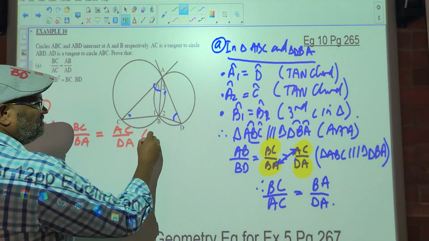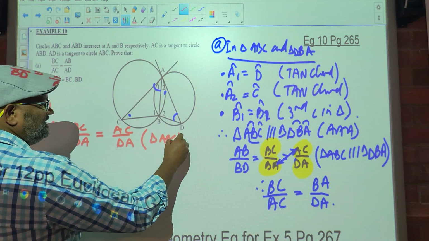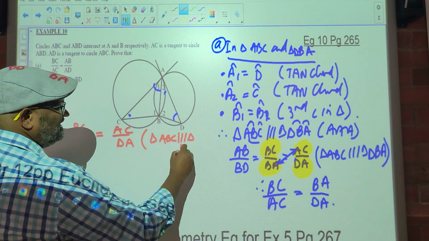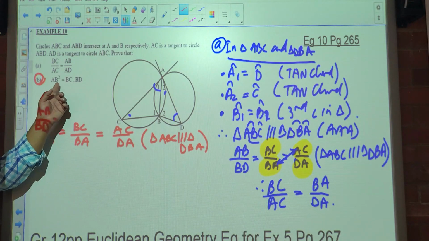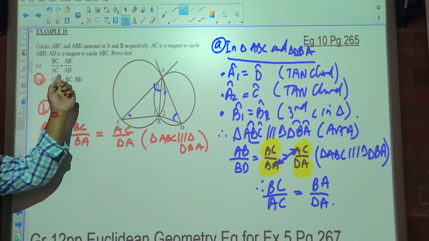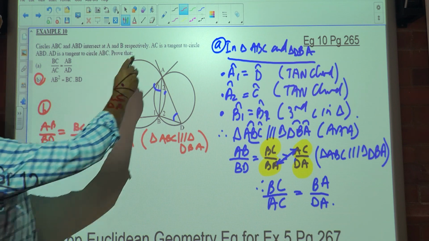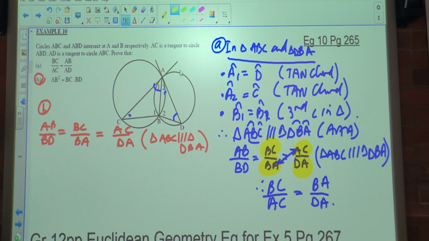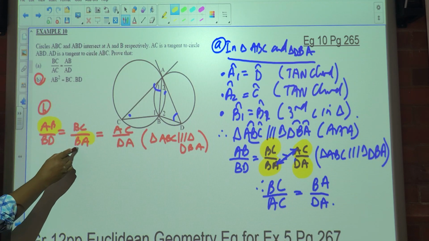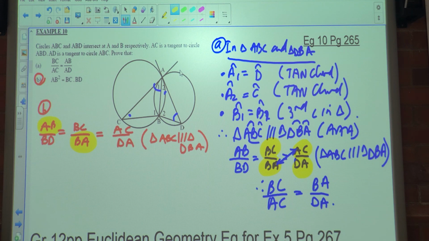Why? Because triangle ABC is similar to triangle DBA. Why am I going with this? Because there's again the ratios involved here. Not so. So what do they want? People, how do I get AB squared? AB times AB. Not so. So these are AB and these are AB. Not so.